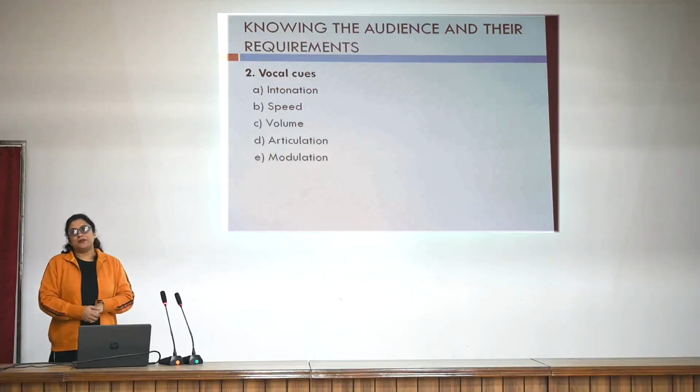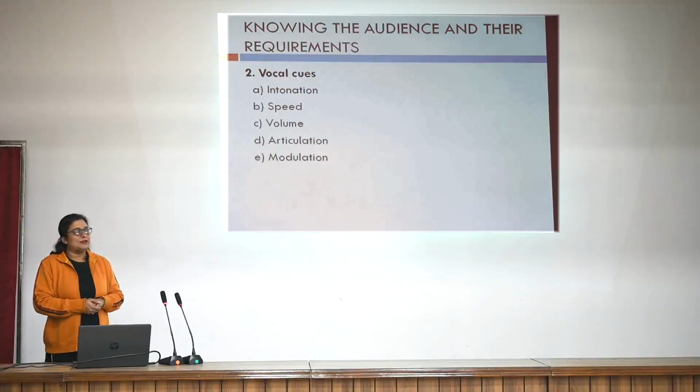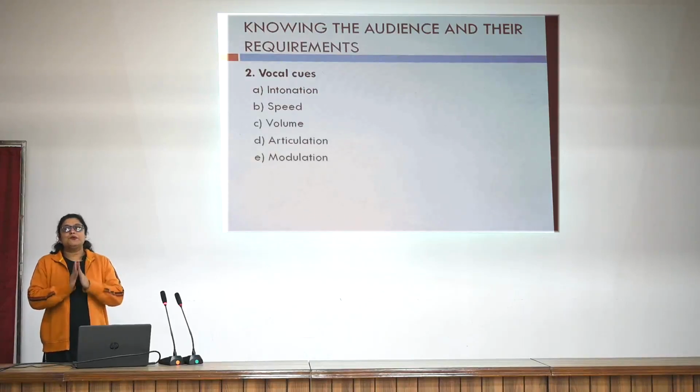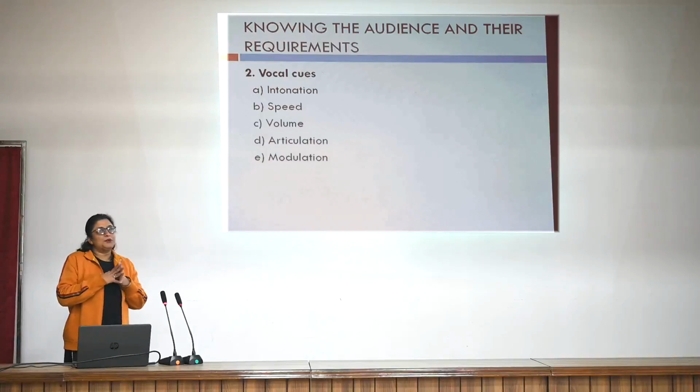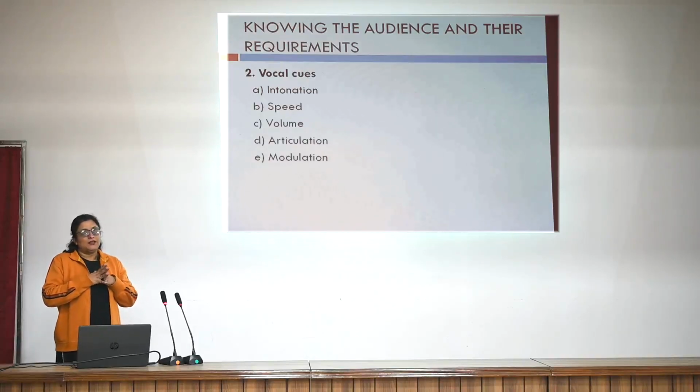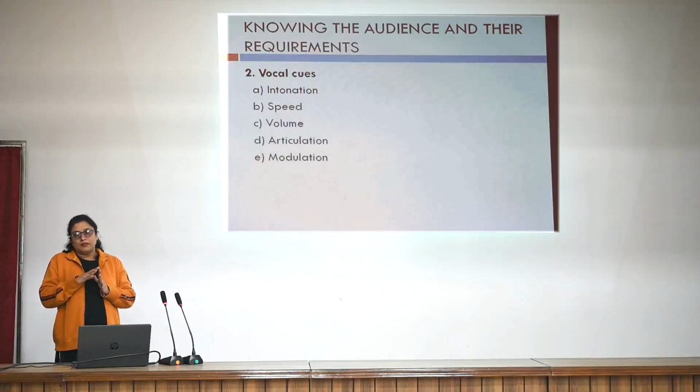Next we have the vocal cues. This is very important. In communication we always say the more vocal you are, the more successful you are. In this we have the first point, that is intonation. Intonation is the rise or fall in the volume. It should not be that sometimes you are very high and sometimes you are very low.